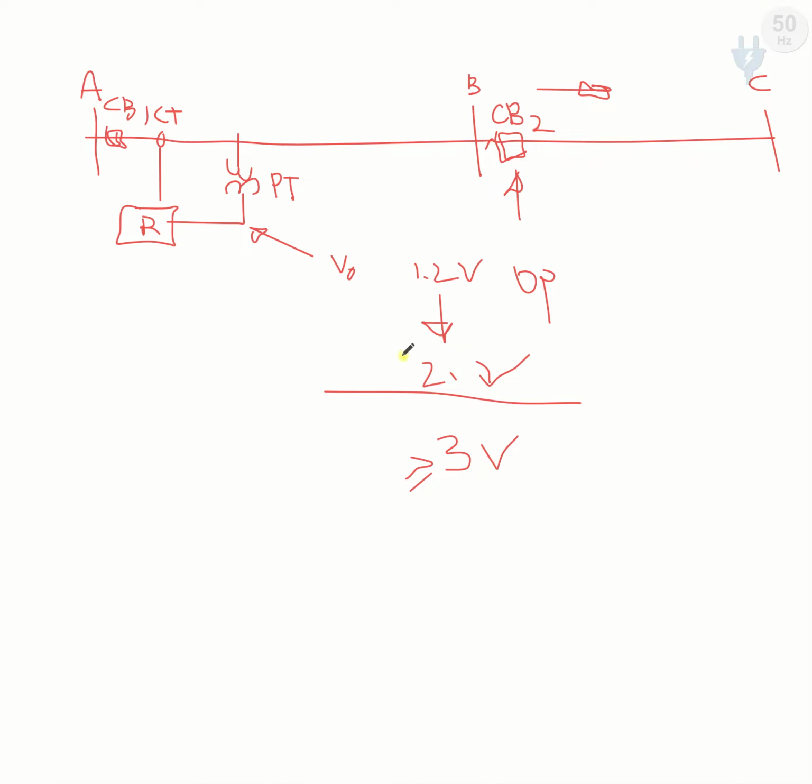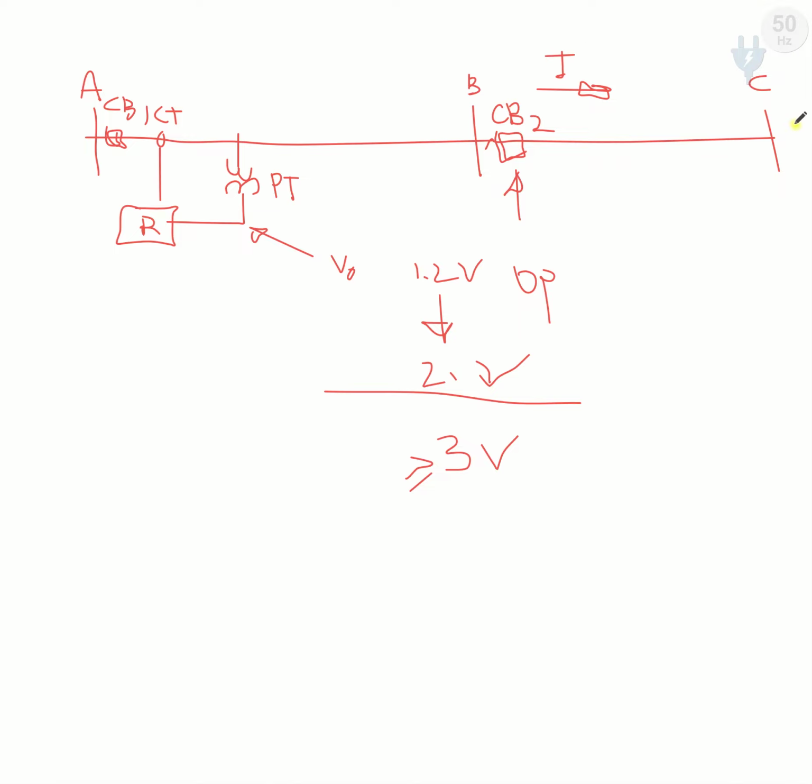So during this marginal change from the operational value to 2 volts, the relay may not think that there is a transient ground fault on the system.